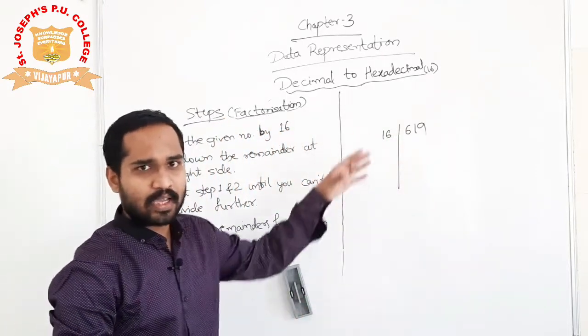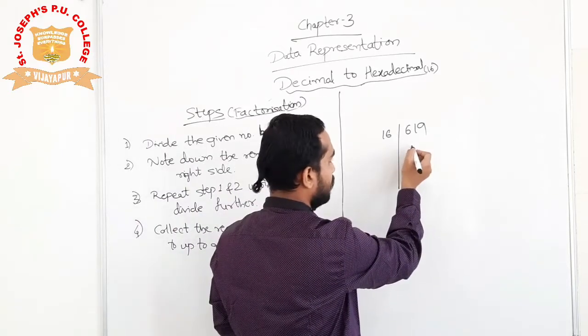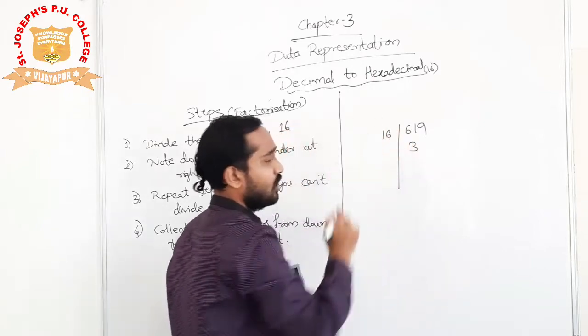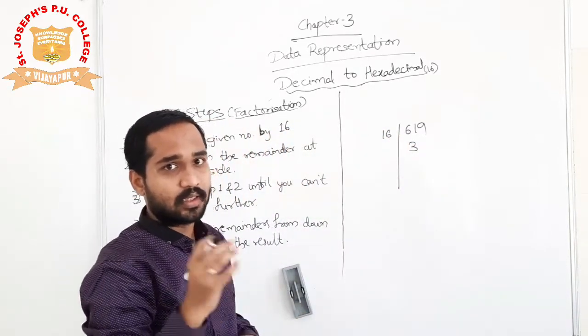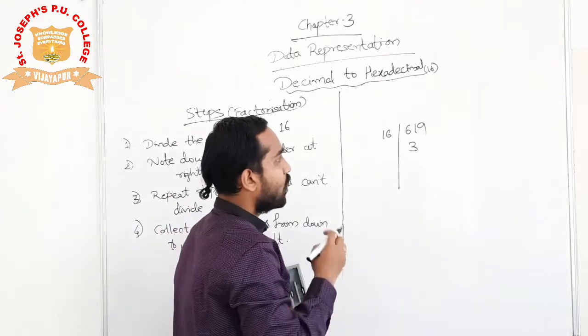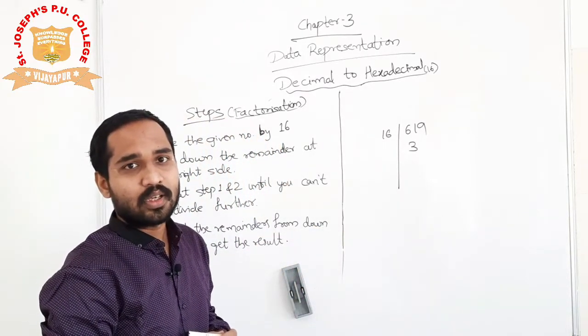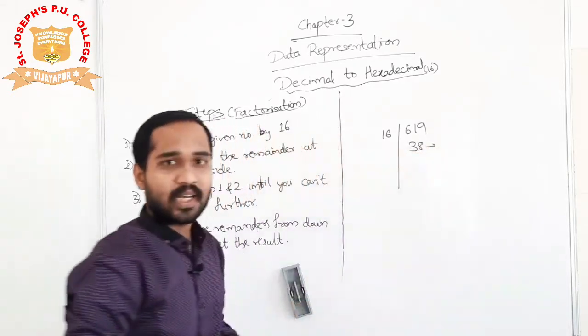Fine. So I have to divide it by 16. 16 4s are 64, that I can't take. So 16 3s are 48. Is it right? 16 3s are 48. 13 is remaining. Then 139. What to do now? 16 8s are 128. Am I right?